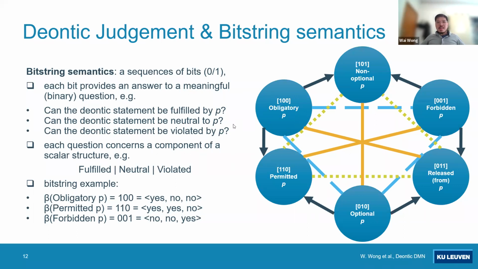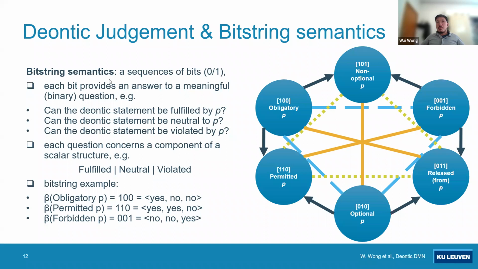We find that a deontic statement or rule normally has 3 different statuses: the statement can be fulfilled by your action, or the statement is neutral to your action, or the statement is violated by your action. Because of these 3 statuses, we can use bitstring semantics very nicely.